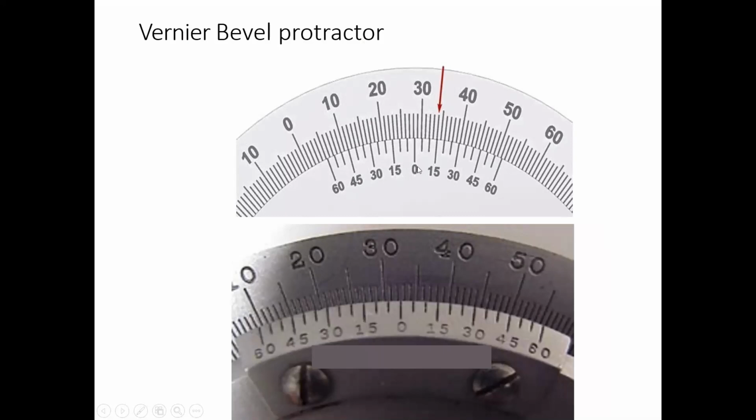While taking a main scale reading, see where the zero lies. Here the zero is not coinciding with a division; it has crossed division 20, 21, 22, 23, so it is between 23 and 24. So you have to take the previous division, 23, as the main scale reading.